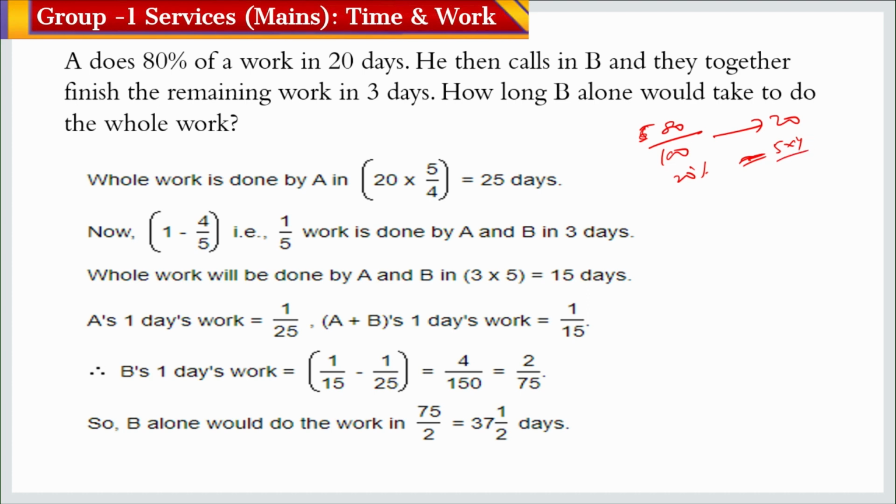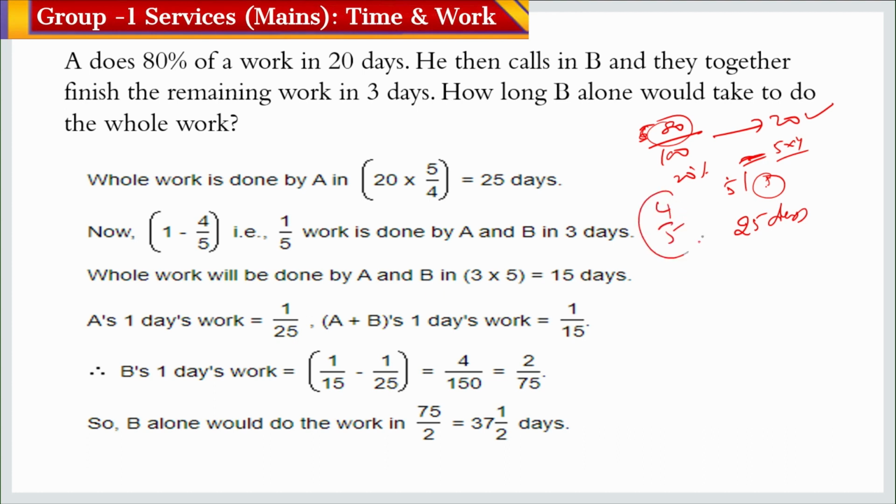So, for 4 days he will finish 5%, for 5 days he will finish 20%, correct. He has done his 20 days work. So, in 25 days he will finish the whole work, correct.